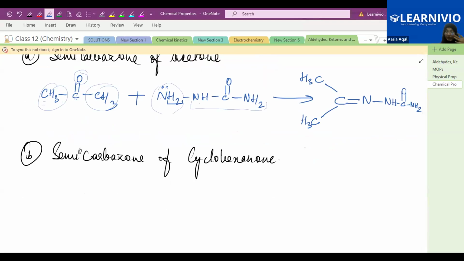Cyclohexanone plus semicarbazide. Again, you will take the semicarbazide. Just remove the oxygen, two hydrogens from the semicarbazide, and attach. You know very well how to attach the carbon and nitrogen. Quickly do that.